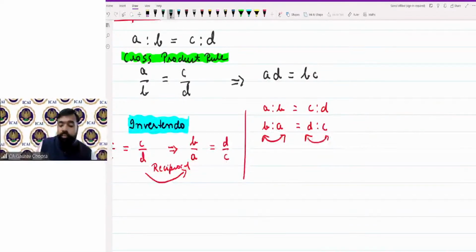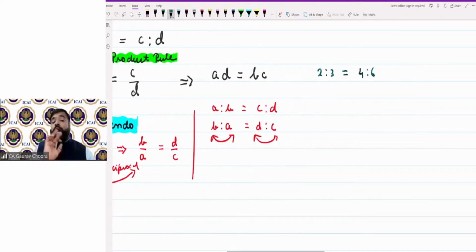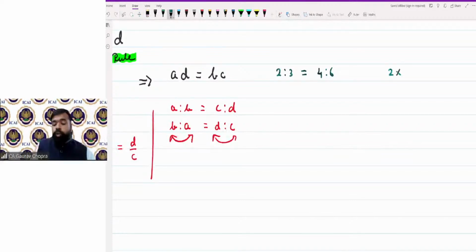How? Let's take one example. If 2 ratio 3 and 4 ratio 6 are equal, are they in proportion or not? At present, they are in proportion, because 2 multiplied by 6 is 12 and 3 into 4 is also 12. So both are equal.